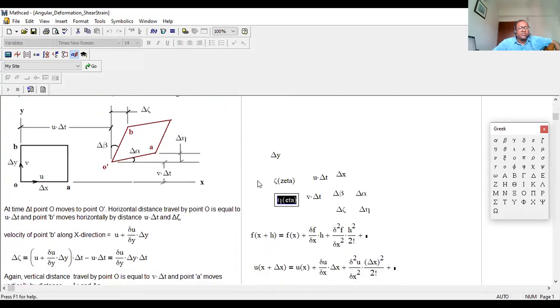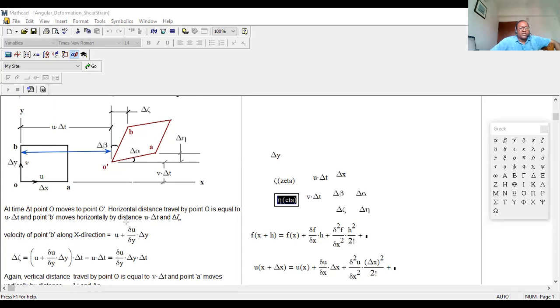At time delta t, point O moves to O prime. The horizontal distance traveled by point O will be equal to the x velocity into delta t, from here to here, as shown in the upper part.